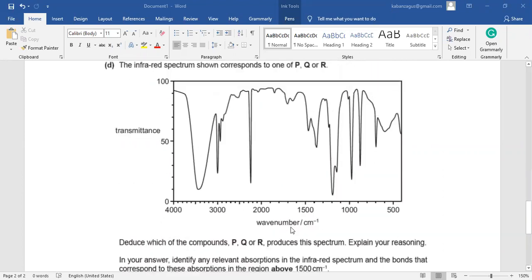If you look at this FTIR, I'm going to prepare another video regarding how the FTIR works. But in the meantime, what you need to do is always put your ruler on the 1600.